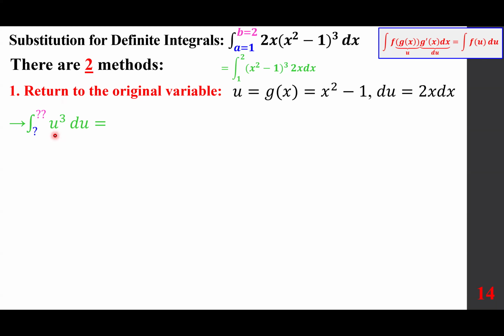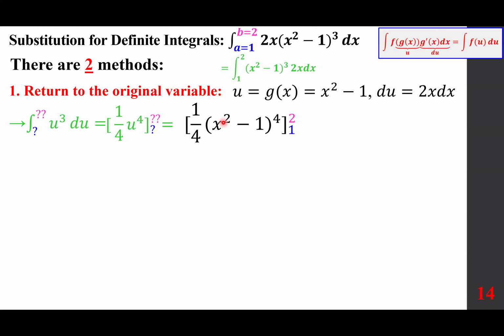A simple case of a power rule, 1/4 u to the power of 4. Again, what are the limits? I don't know. We want to keep the original variable. We are going to change the u to x squared minus 1. Therefore, the answer is 1/4 (x squared minus 1) to the power of 4. But now we can use the original limits 1 and 2 because they pertain to the variable x.